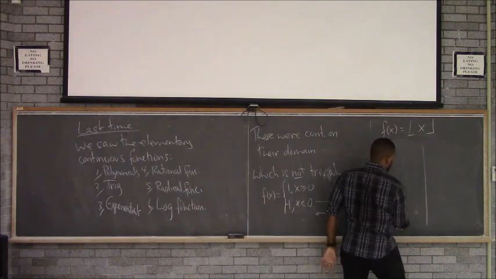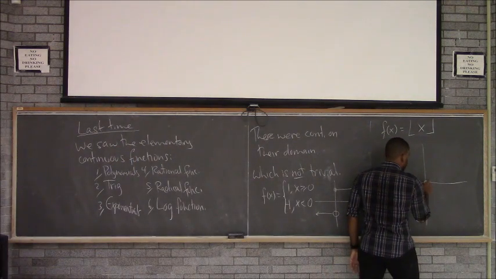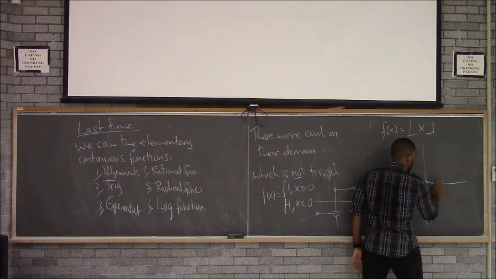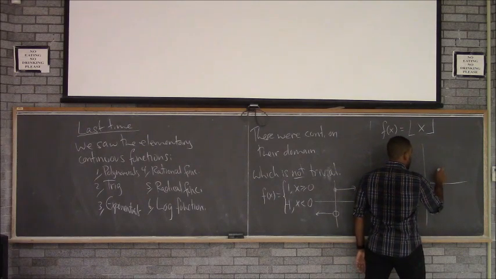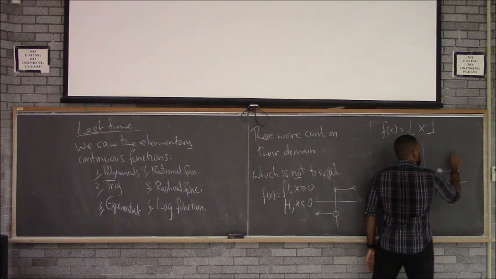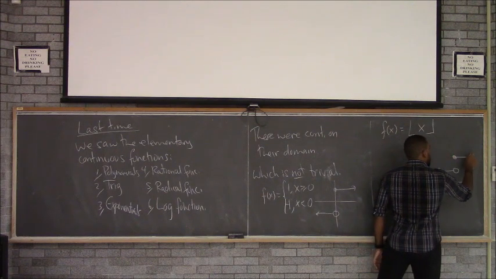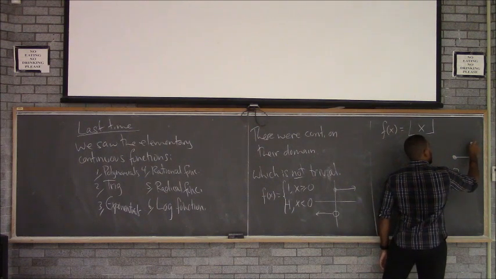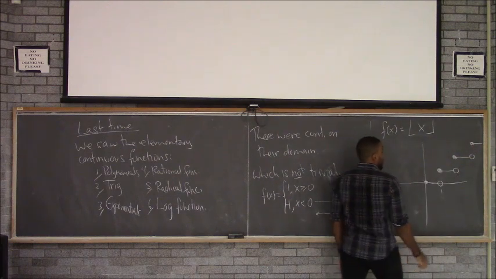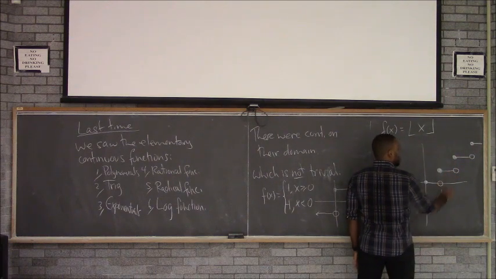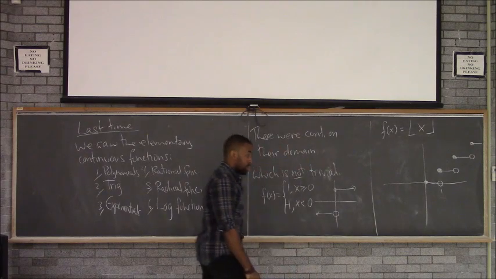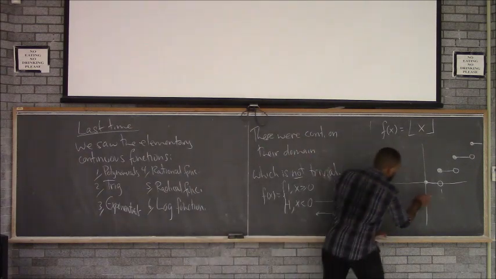The picture looks like this. It's also sometimes called a step function based on how the graph looks. But this pattern gets repeated, right? Every time you plug in a number, it rounds it down to the next integer that's smaller than that number. And it continues like that.